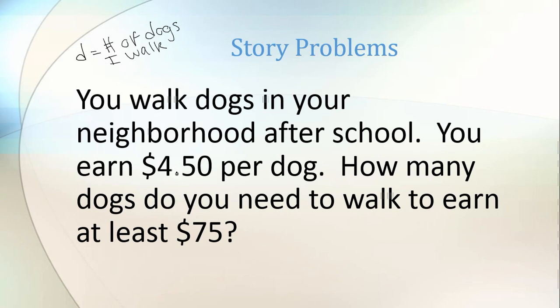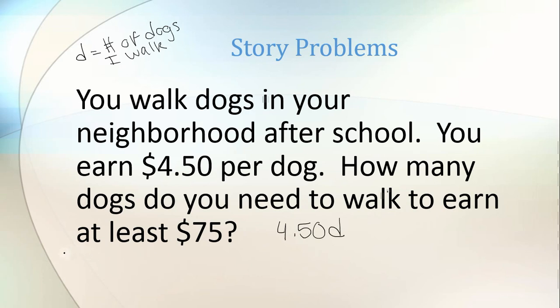So the money I get for each time I walk my dogs, I would get $4.50 times the number of dogs. So I know 4.50 times D is the money I get from dog walking.